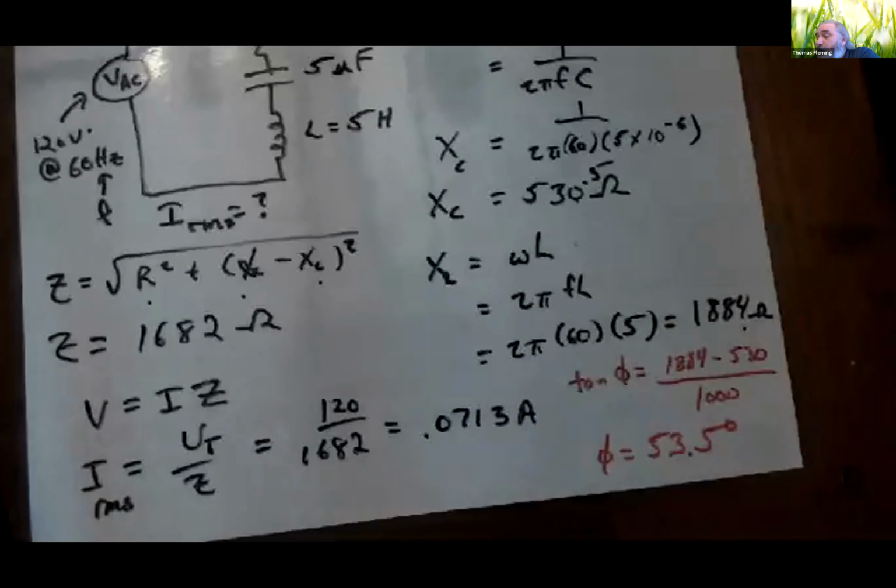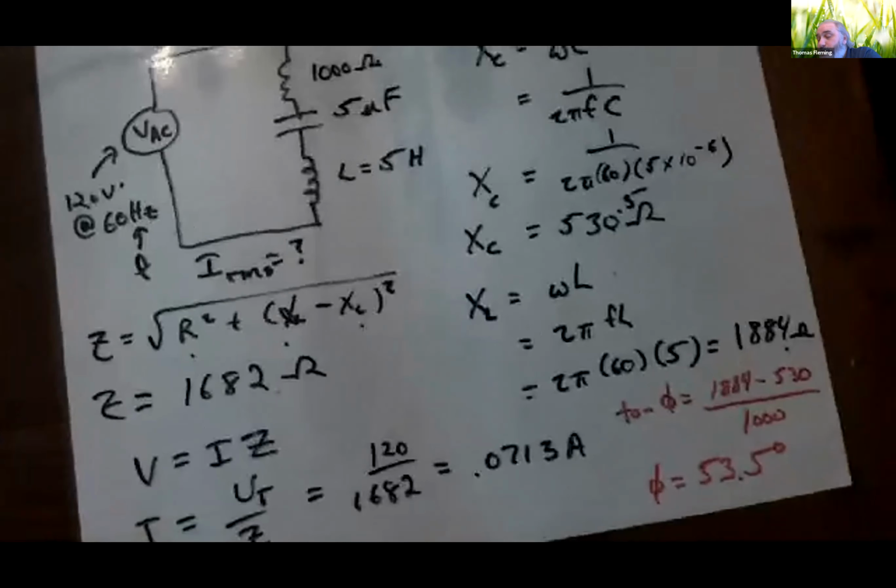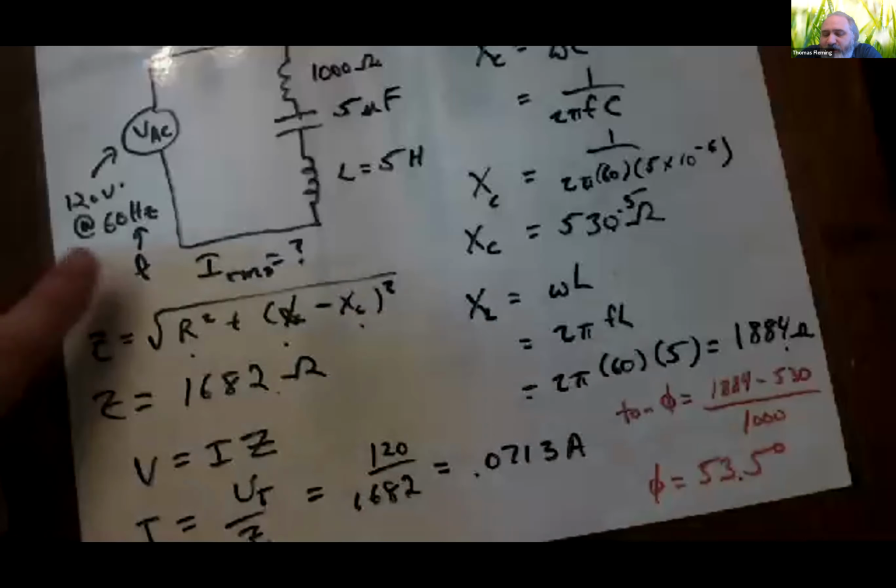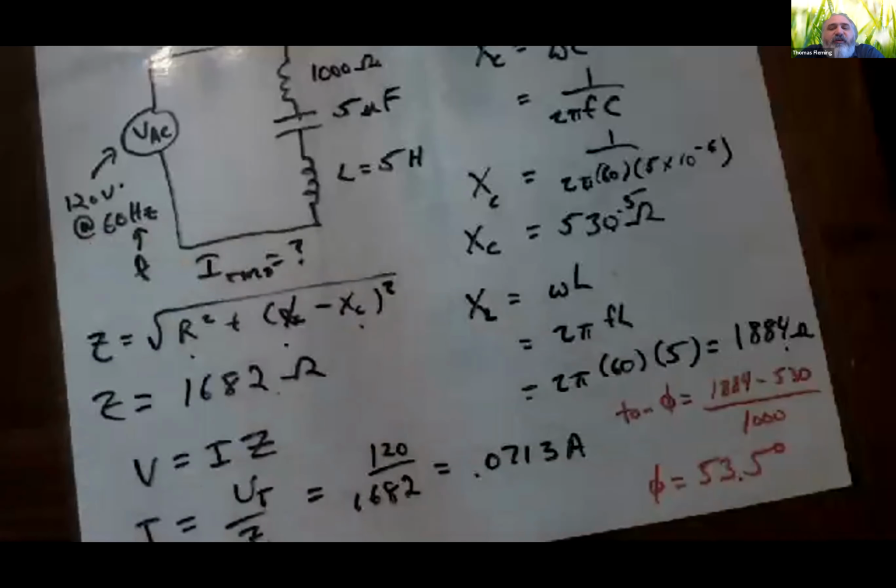So super, super nifty. One thing that's kind of cool about AC circuits is that the amount of current you get is going to end up depending on what frequency you're operating at. We operated this at 60 hertz, and we got that much current.